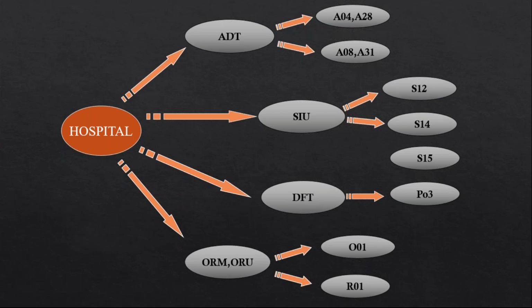We can also inhibit or stop sending other message types from one single channel. We can set up filters and say that if it is a new patient registration, then don't send ADT A28 or ADT A31. So it completely depends on us how we want to design the interface.